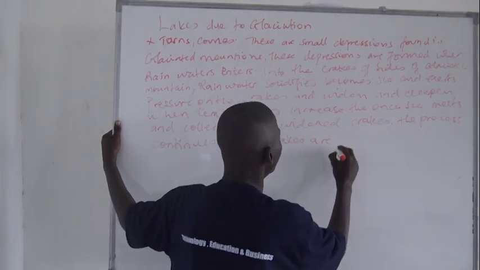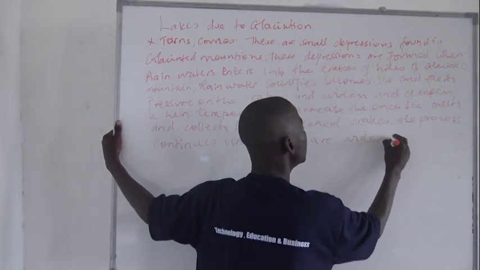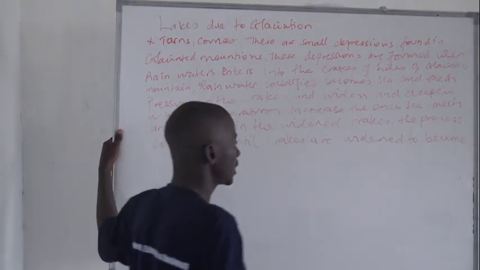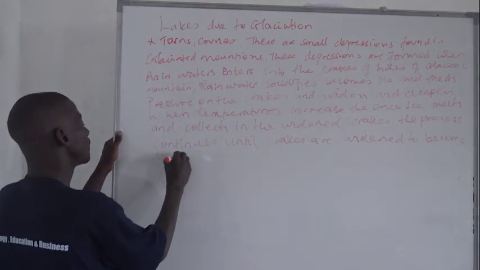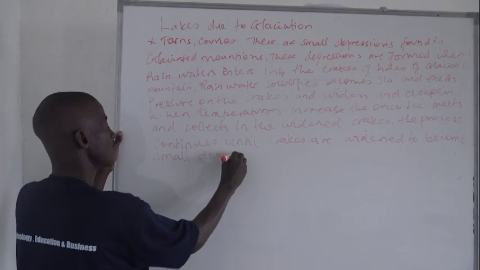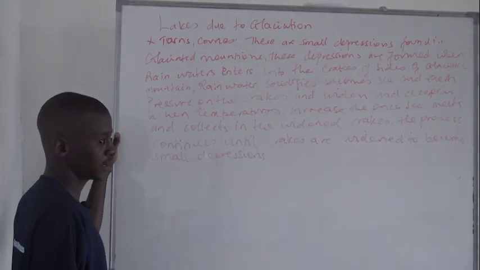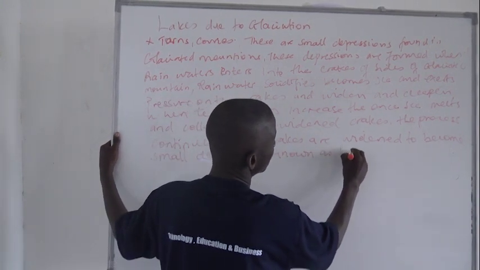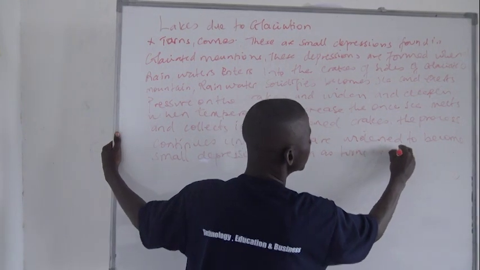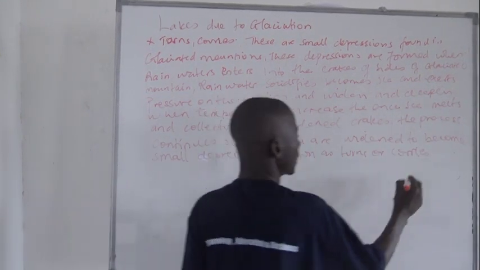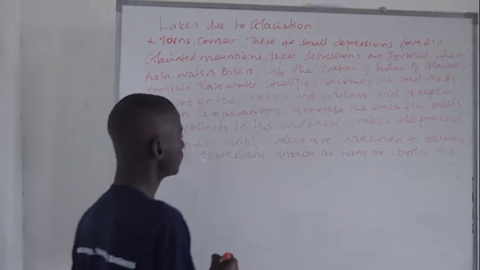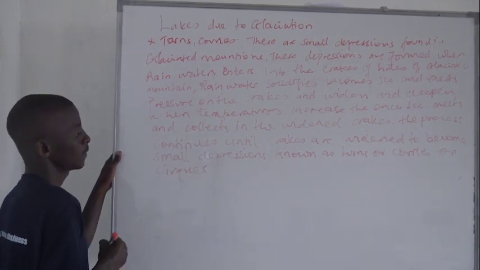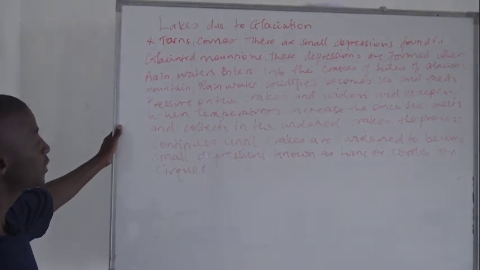Until the cracks are widened to become small depressions known as tarns, corries or cirques.